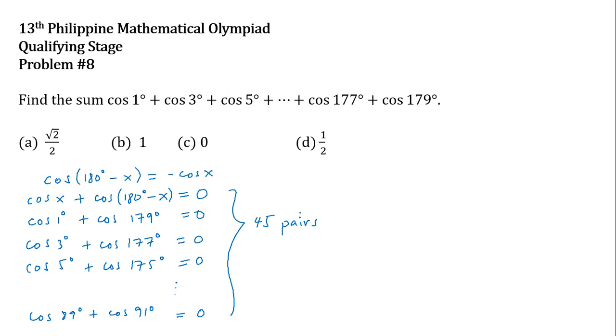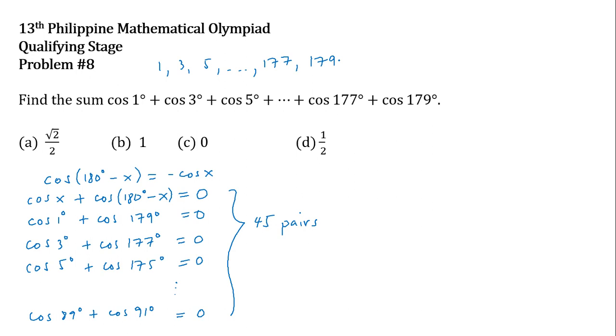To see that, you can actually compute first the number of terms in this series, which I will not show because you can just compute that one by considering the sequence 1, 3, 5 up to 179, because notice that the angles form an arithmetic sequence.